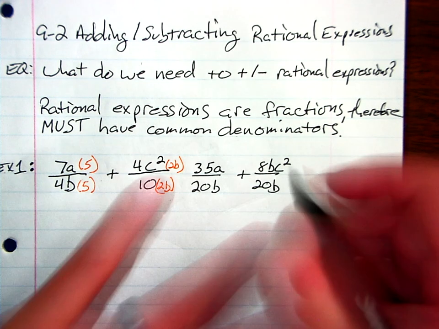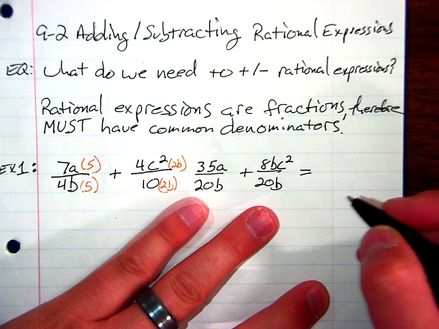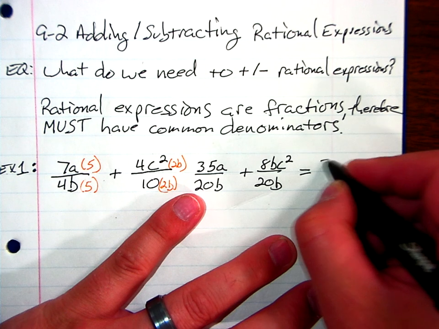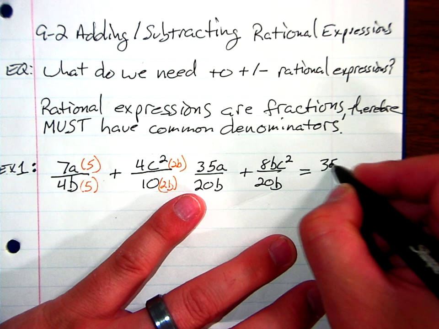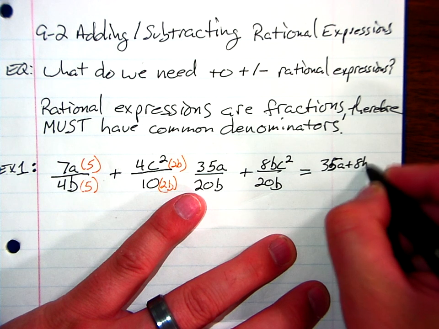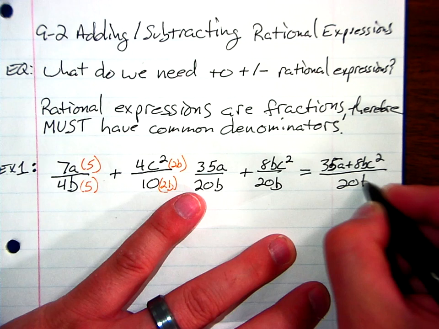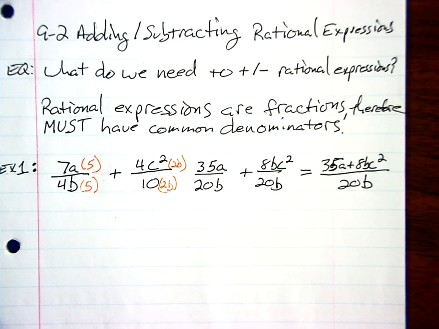No, I cannot. So my final answer, the way you would see it on the SAT or ACT, is 35a plus 8bc squared all over 20b. That would be your final answer.